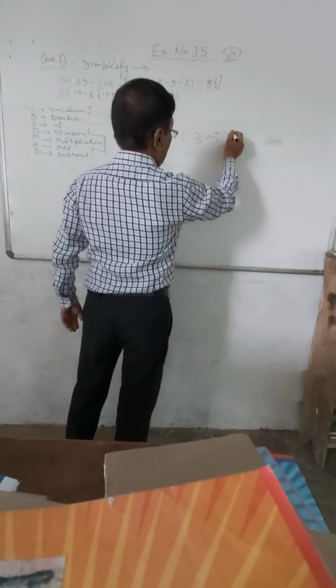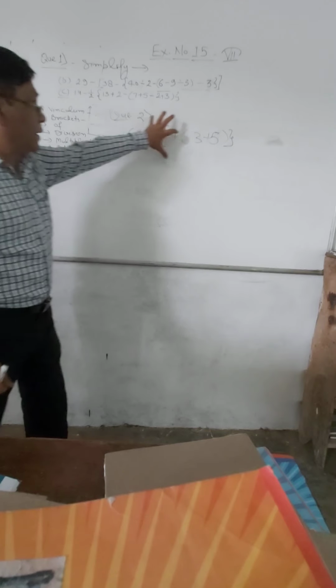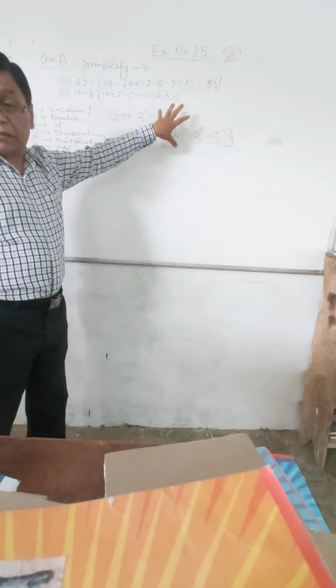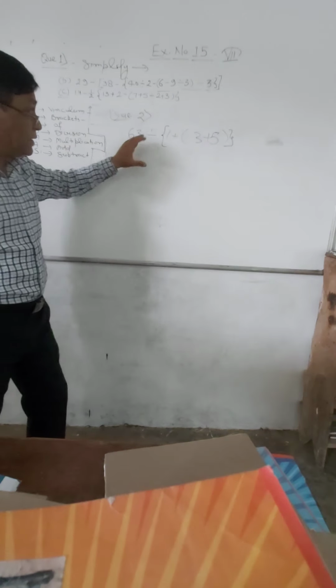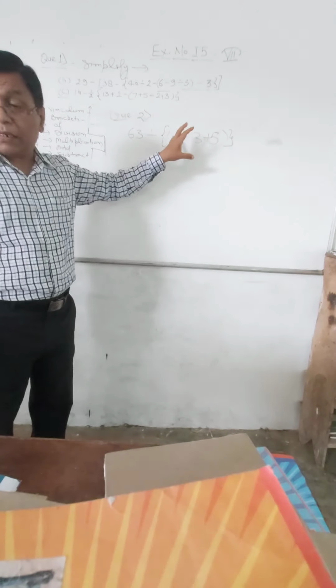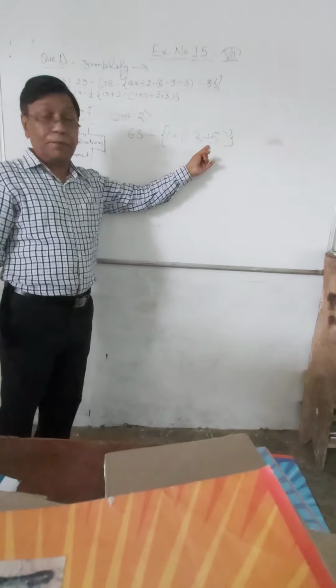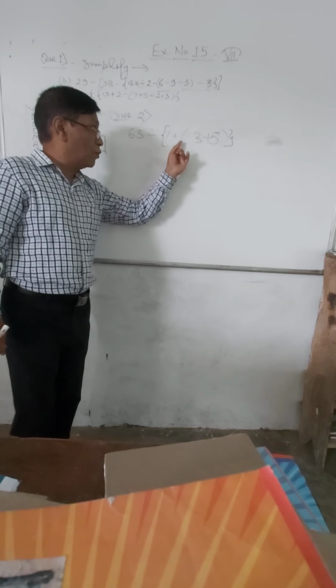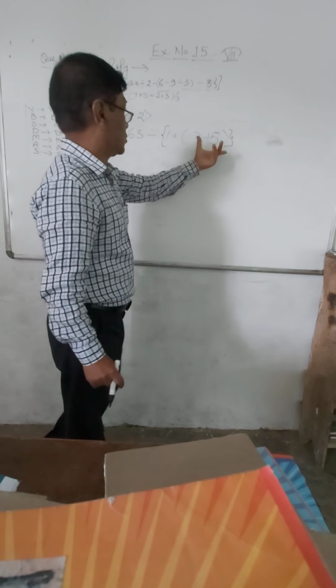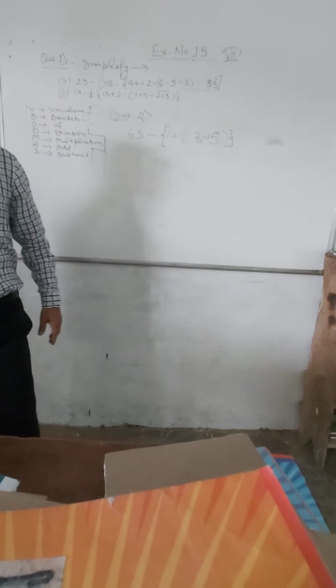This way you can make 63 divided by this number. See the wording: 63 is divided by this number. Which number? That is explained in the wording: the sum of 3 and 5, and 1 more. So 3 plus 5 plus 1. This way you can make the problem.